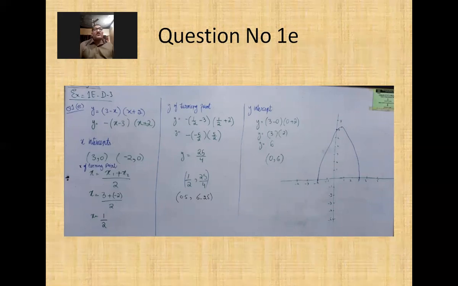Once you know the x of the turning point, you can put that into the original equation. In the original equation, substitute the x with 1 by 2. So here you know I have substituted x with 1 by 2.